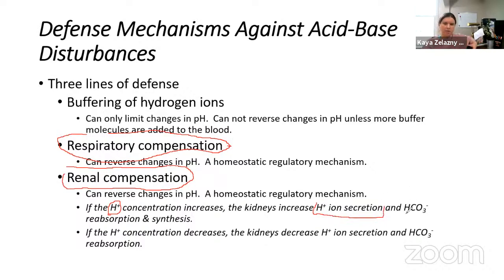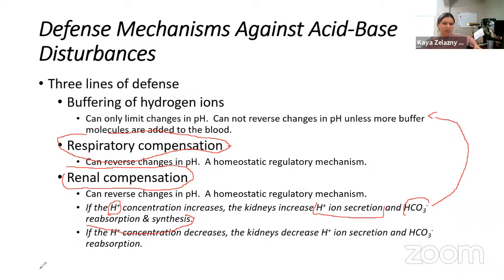And they're also going to have us reabsorb and even synthesize more bicarbonate, which brings us back to the buffer, right? So we are actually creating more buffer molecules in the blood, allowing us to limit these pH changes as well.